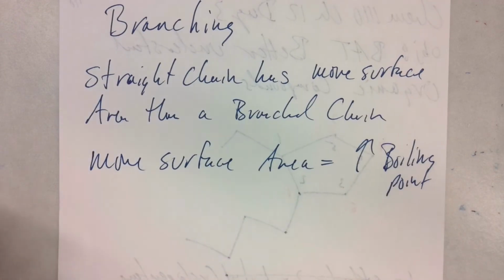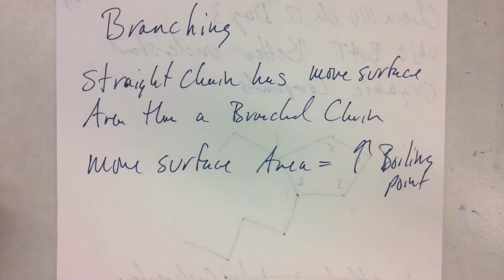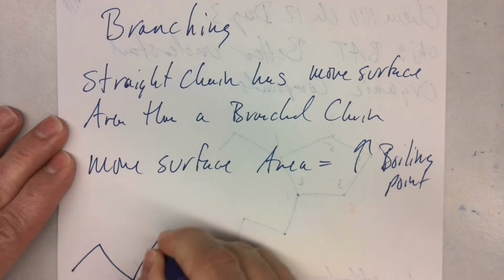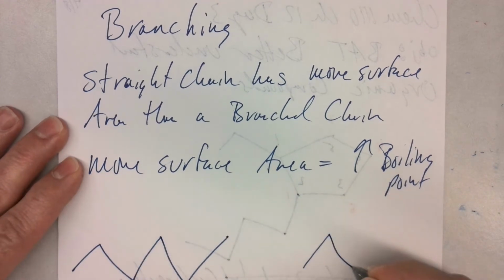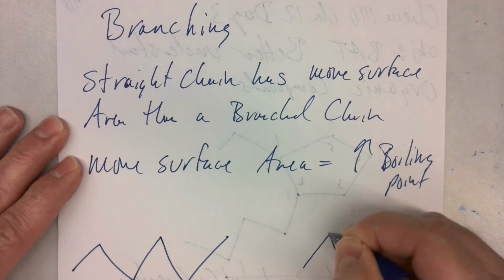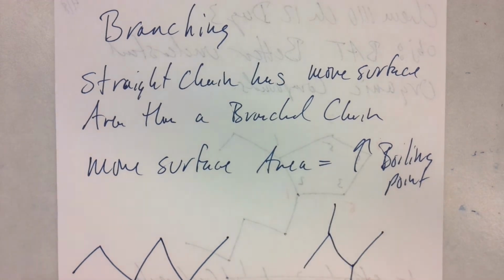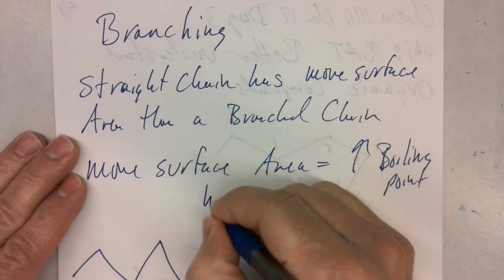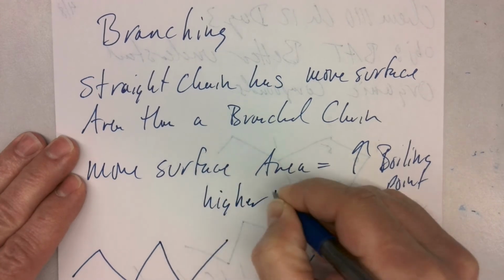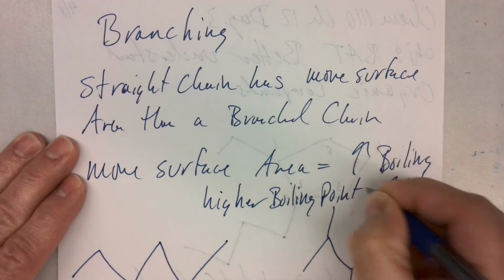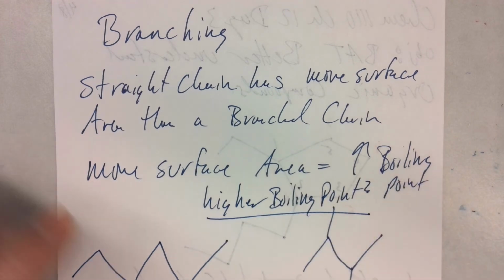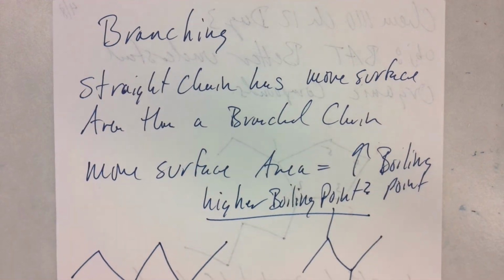So what they're going to do is they'll do something like this, and they'll say, okay, which one has a higher boiling point? They'll ask you this question right here. Which of those two is going to have a higher boiling point?